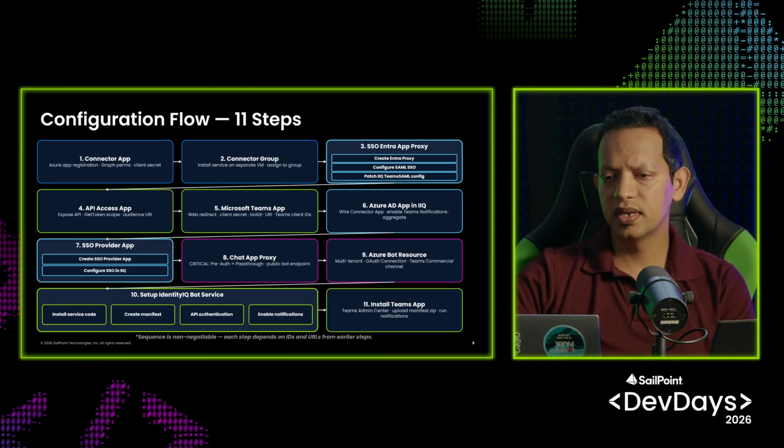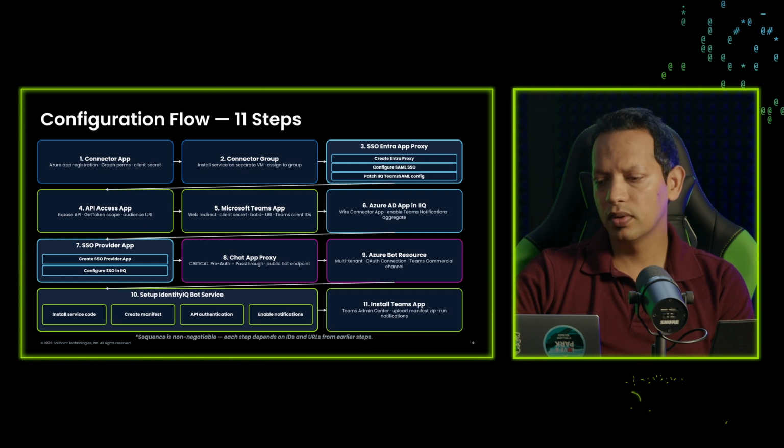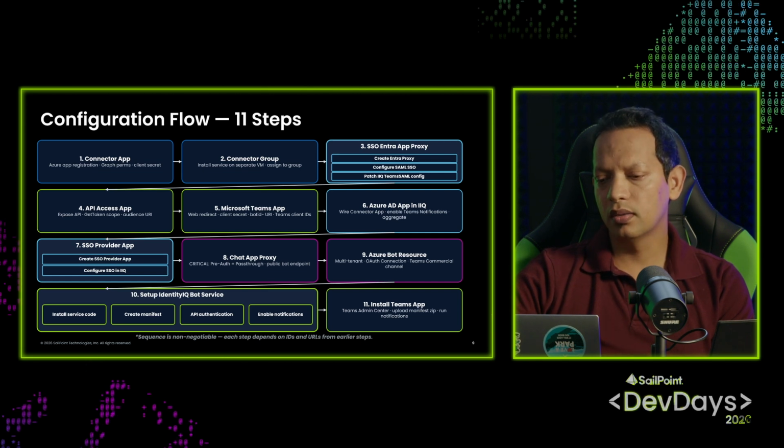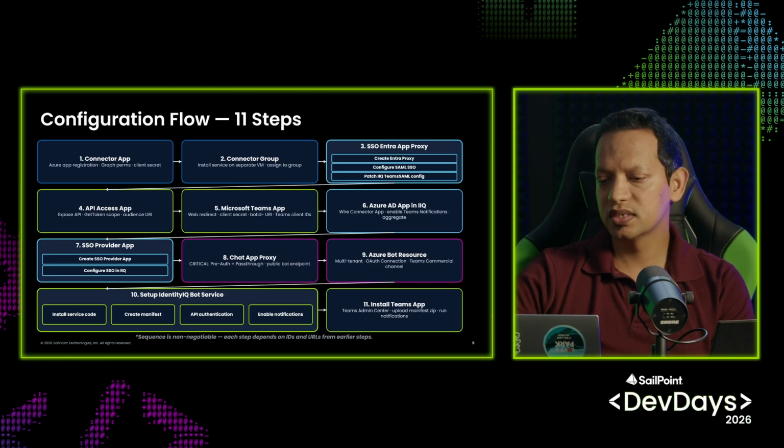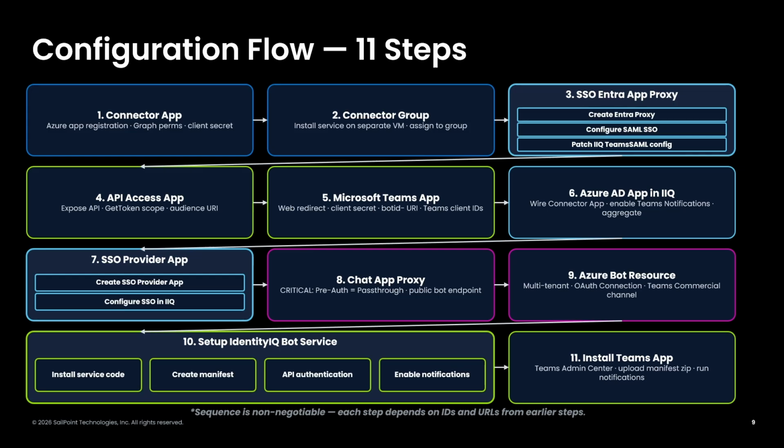Now, the next bigger piece of configuration is the SSO Entra app proxy. Through this configuration, you allow SailPoint to be accessible without configuring a firewall. It lets you create a public facing URL for the IIQ application, and this is what's needed when you click on the My Approval tab. It goes through this application proxy and then does the SAML single sign-on to render all the approvals that are owned by the individual user.